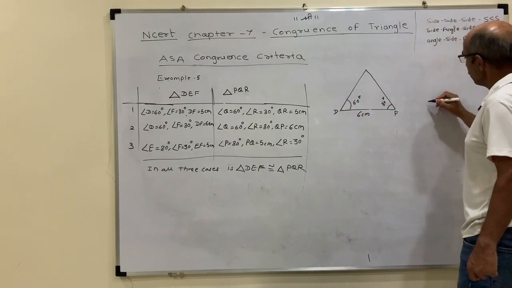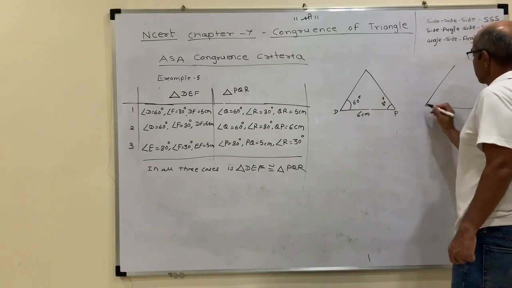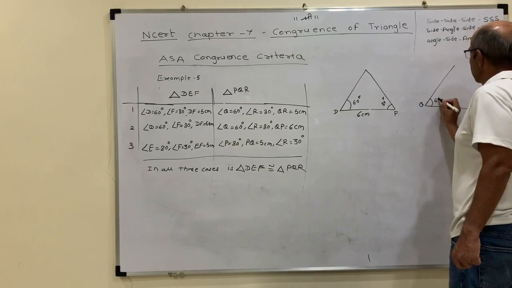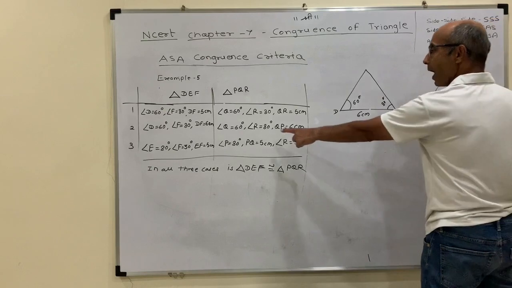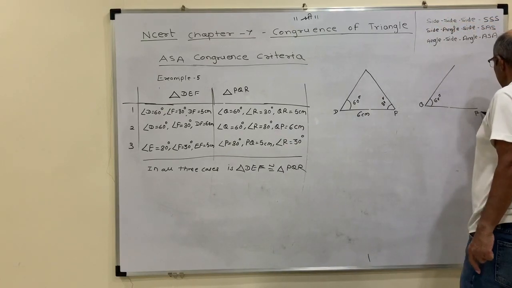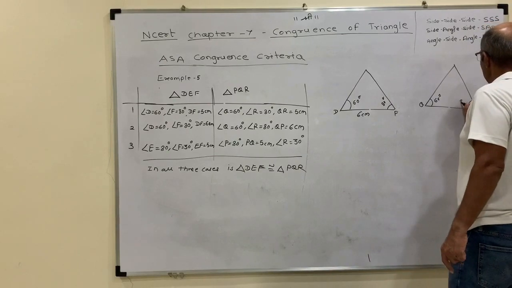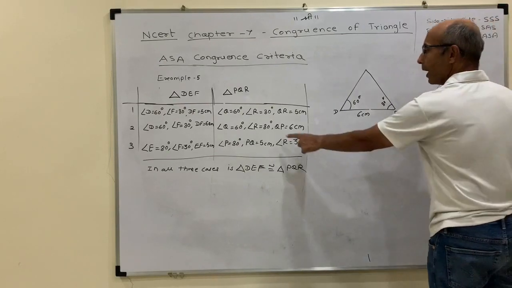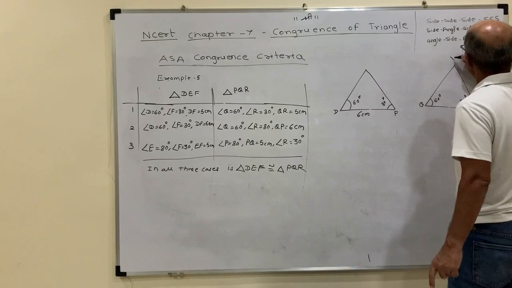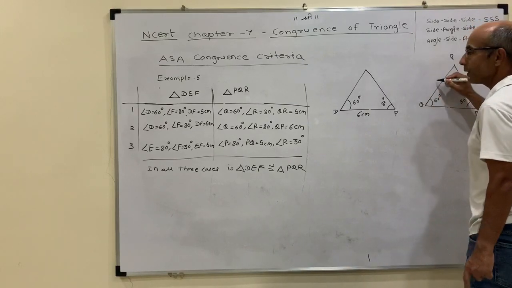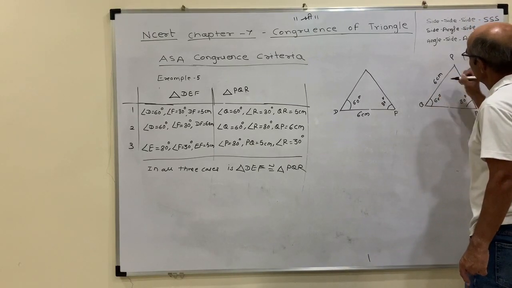Now angle Q they have given, this is my Q, as 60 degrees. Angle R they have given, I take this as the angle R, and it is 80 degrees. And QP they have given, this is my P, QP is 6 centimeters.